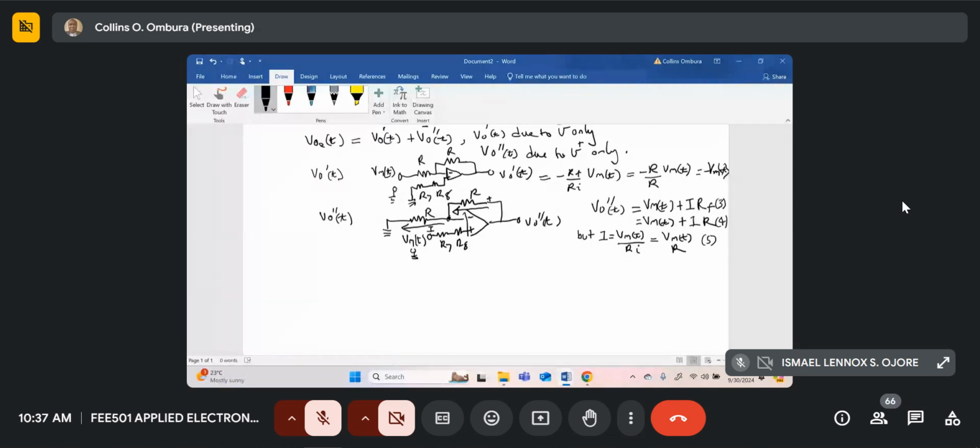So let's substitute the value of I in 4. We'll get that V naught dash, not double dash, sorry, will be equal to Vm of t plus I, which is Vm of t divided by R, into R. Call that 6.